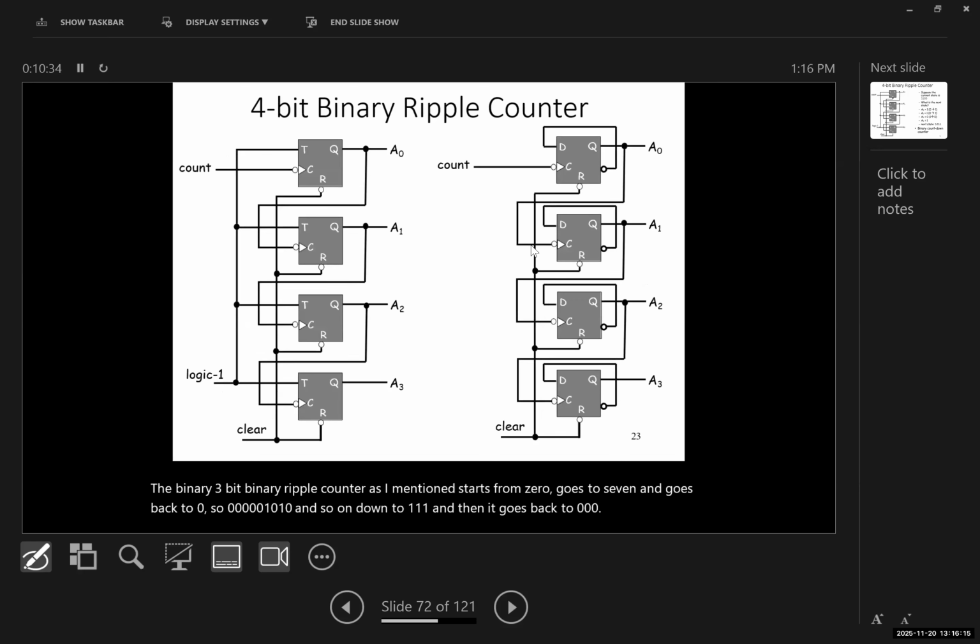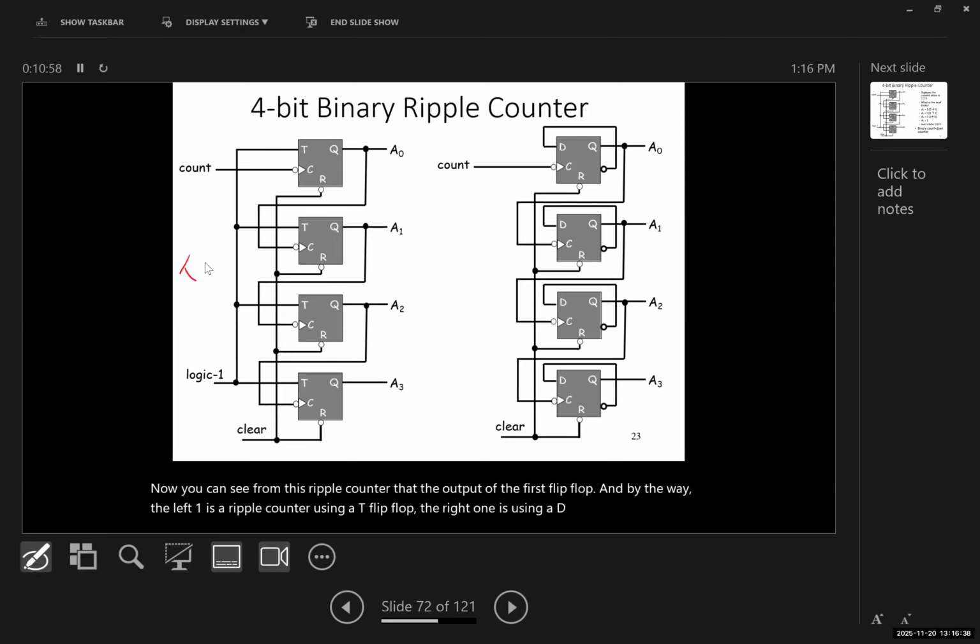This picture shows the schematic of a 4-bit ripple counter. Now you can see from this ripple counter that the output of the first flip-flop, and by the way, the left one is a ripple counter using a T flip-flop. The right one is using a D flip-flop.